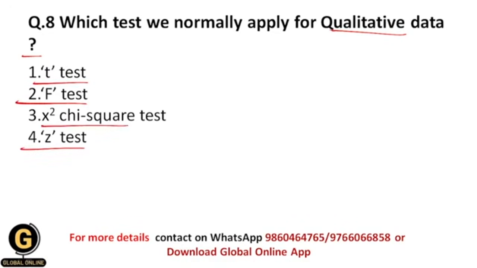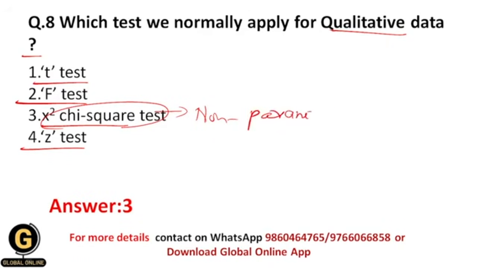Students, when there is qualitative data in picture or word format, and we are going to test it, our purpose is basically to understand human behavior, and for testing such data we normally use the chi-square test, because chi-square is a non-parametric test and it is not based upon certain assumptions.